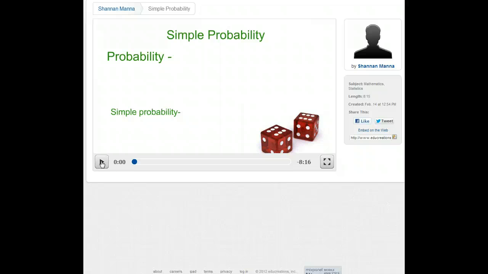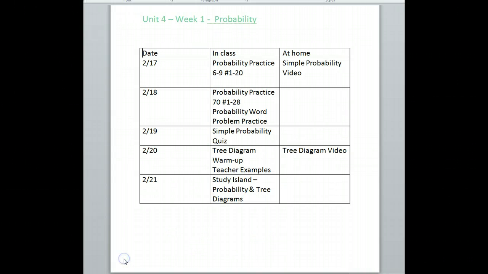Students are given a unit syllabus each week. This syllabus will outline the notes that are being taken and by what date things need to be done.